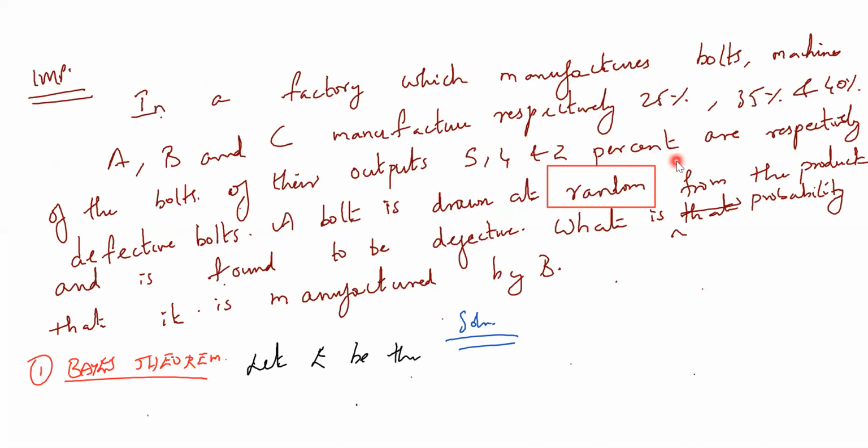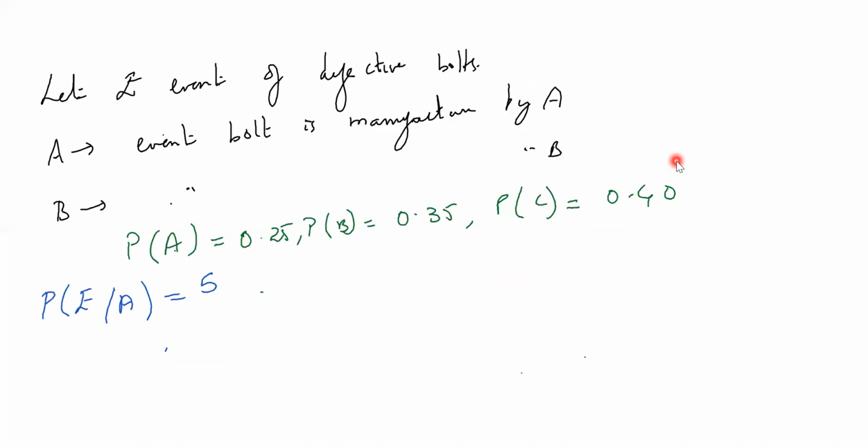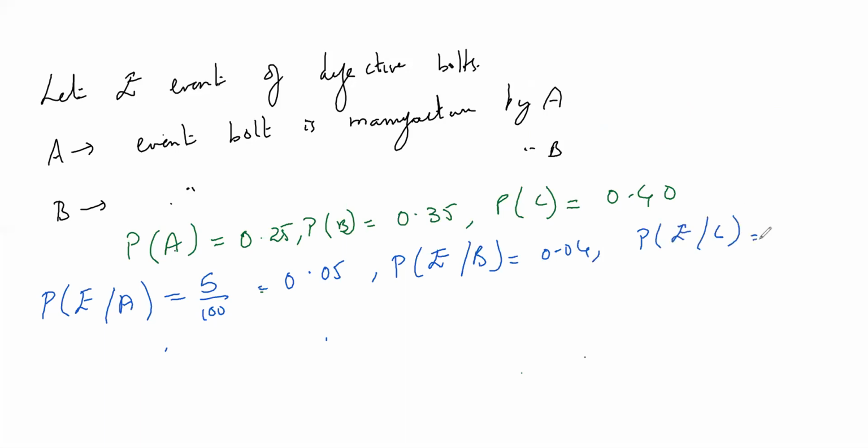So 5% is 5 by 100, 0.05. So defective bolt in machine B, that is 4 by 100, 0.04, and defective bolt in machine C, that is 2 by 100, 0.02 respectively.